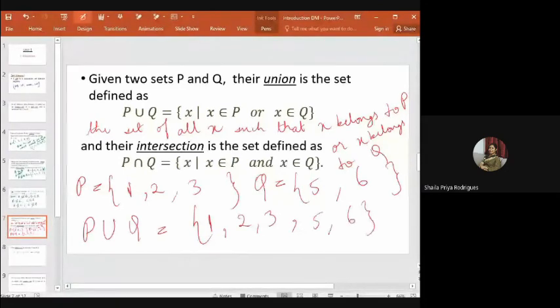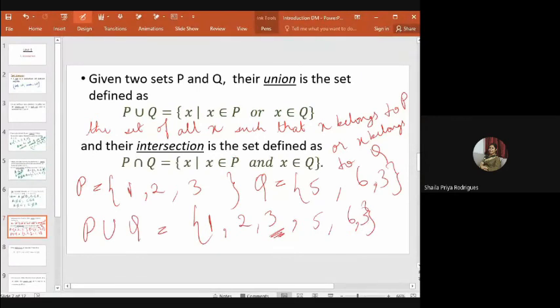Now, if Q had an additional element, say 3 over here, you're not supposed to write that 3 again because 3 is already written here. You look at the definition again, union is the set, and you know that a set does not have repeated elements. The elements of a set are distinct.